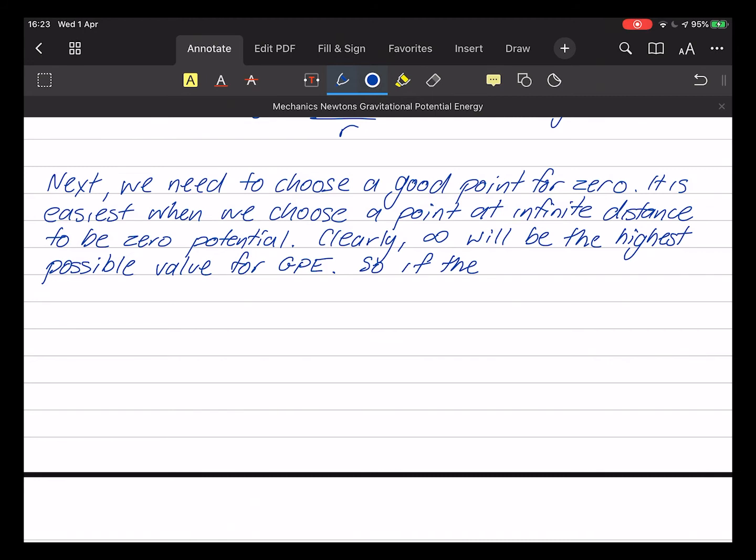So if the maximum is zero, all other values will be negative.